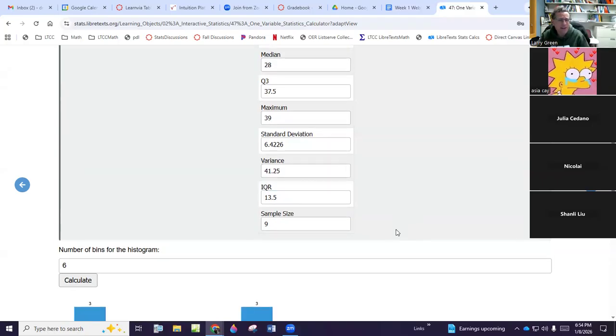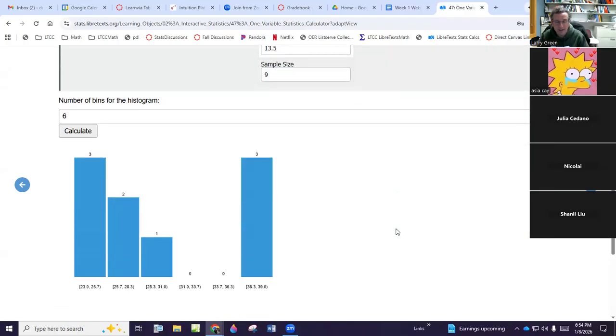Then there is the histogram. You've all probably seen a histogram before. By the way, histograms can only be used when you have quantitative data, and the width of the bars all have to be equal to each other.